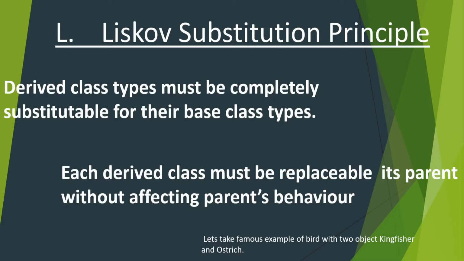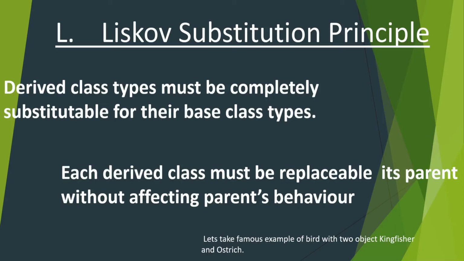So at any point of time, your parent behavior should not get changed, and your derived class must be replaceable, right? So here the inheritance concept will also come into the picture. You have to design a class or extend the class in such a way that at any point of time your derived class is replaceable for its parent class without affecting the parent's behavior.